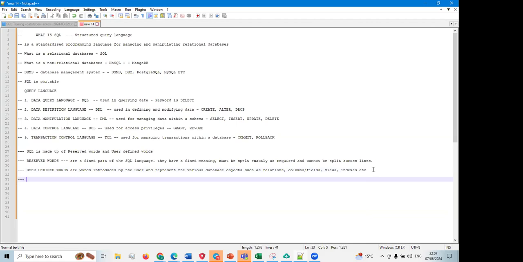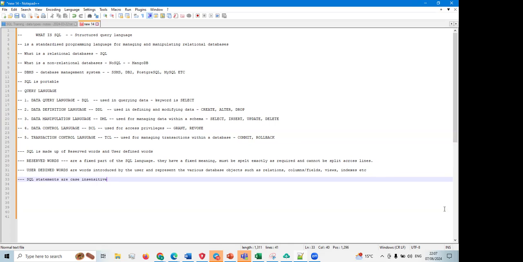Another very important thing that you should note is that SQL statements are case insensitive.